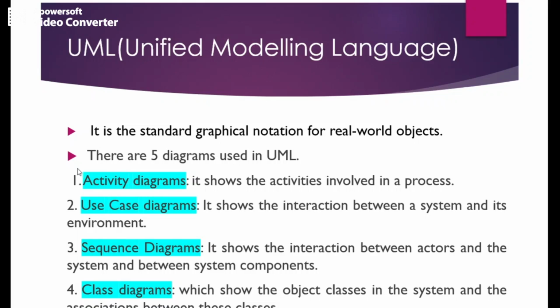By the word itself you will get to know it is about activity. Mainly it shows the activities involved in a process of your system. n number of processes might occur in your system, so what all activities are involved in that process can be highlighted or represented using the activity diagram.